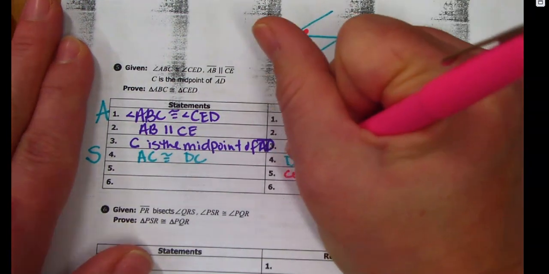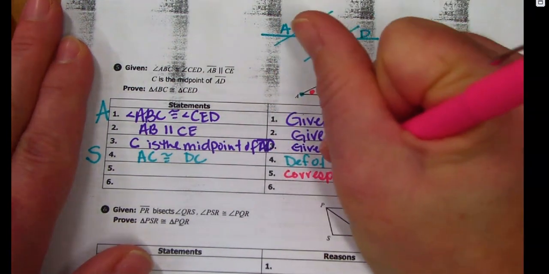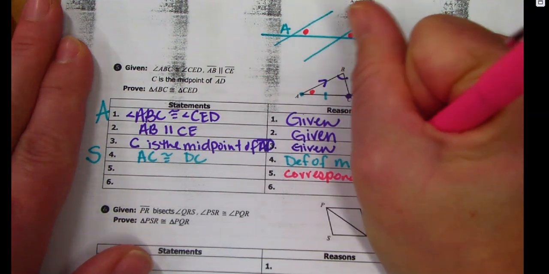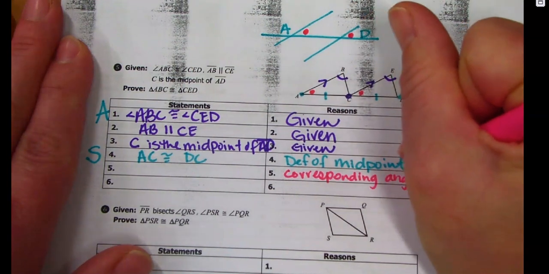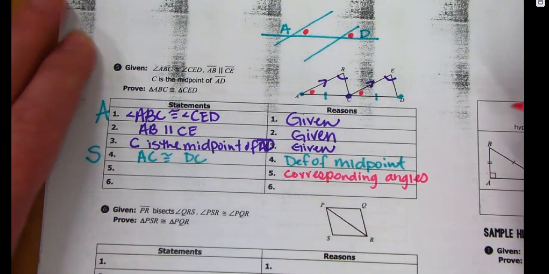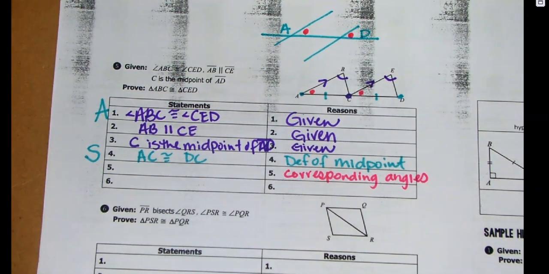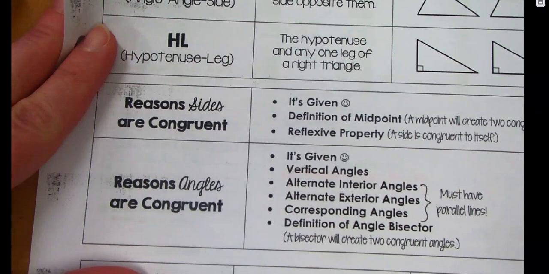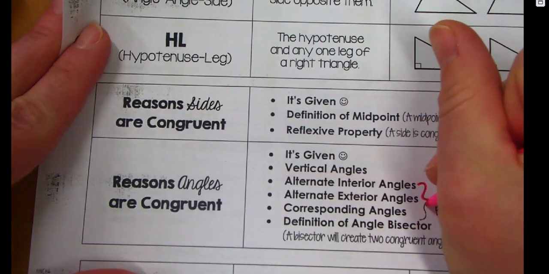So that's how we're going to prove they are congruent. Corresponding angles. And again, that's on your reference sheet. Let me find that real quick. If you look at this reference sheet, remember that these are the parallel lines.